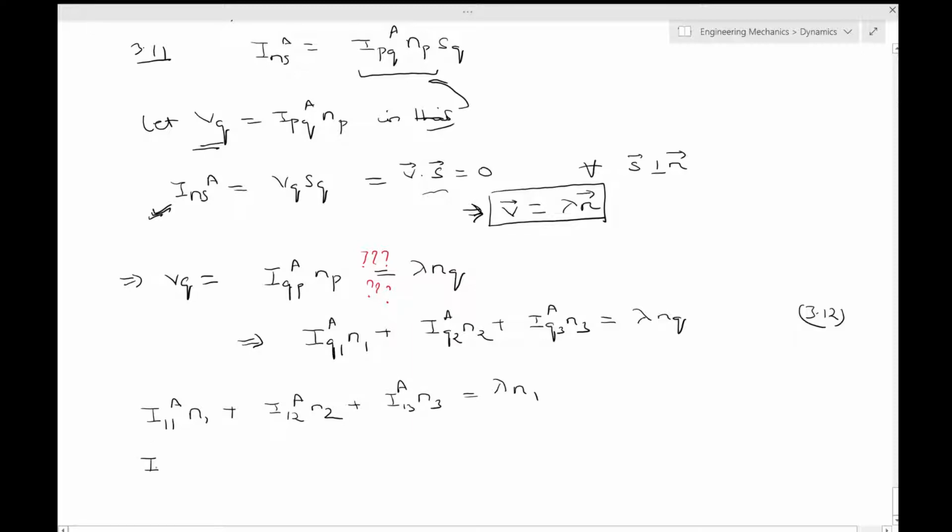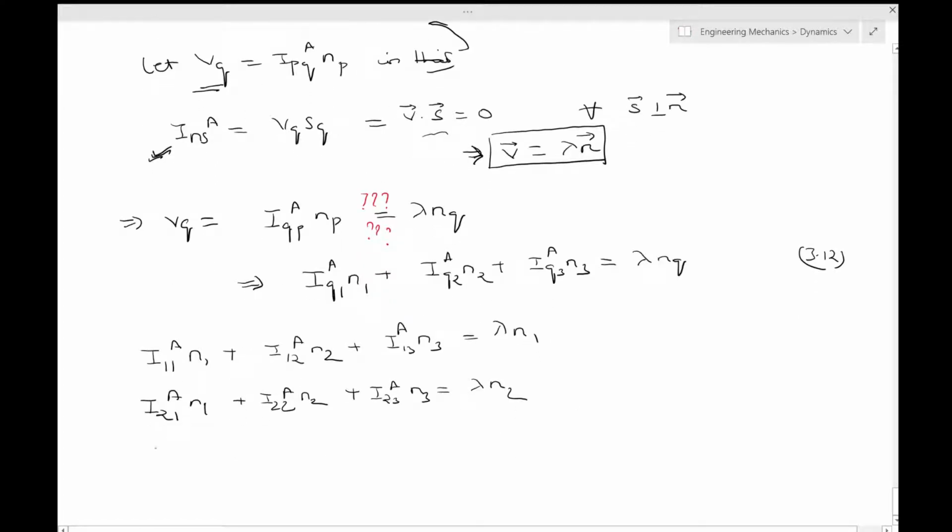Then this would be for q equal to 2, and plus I_32 for q equal to 3.